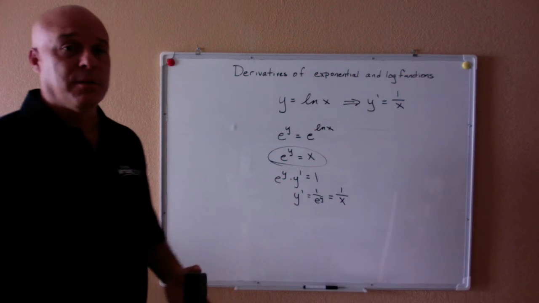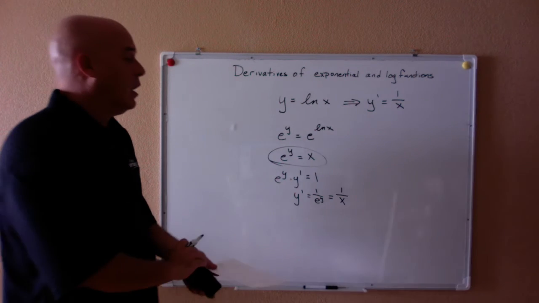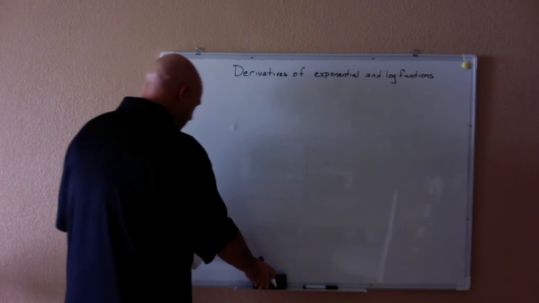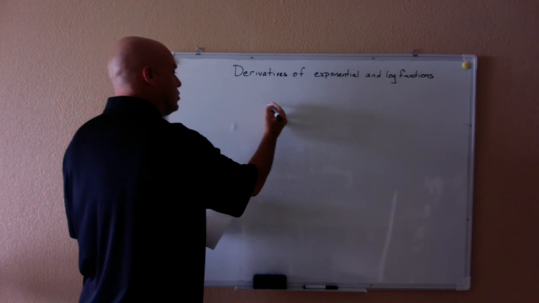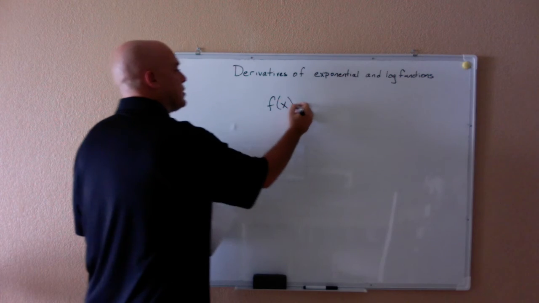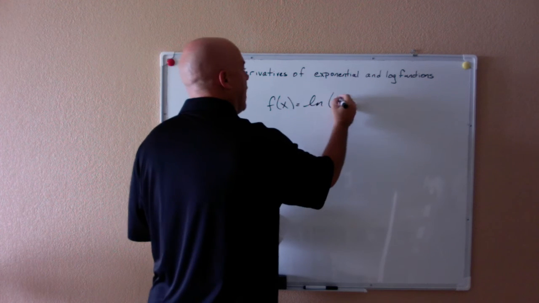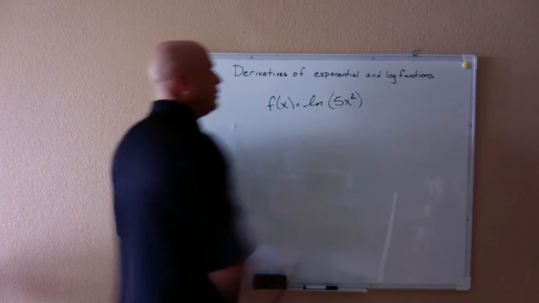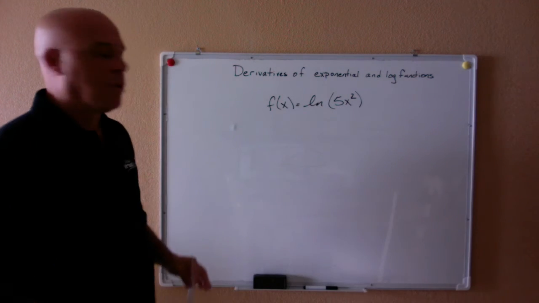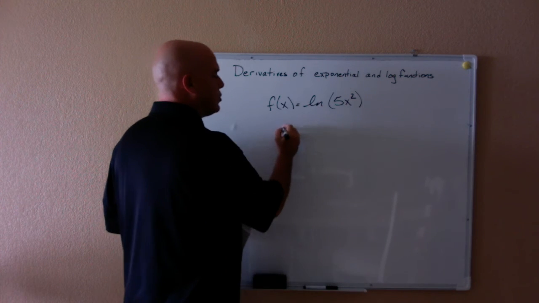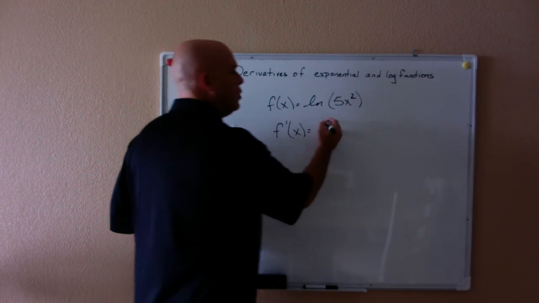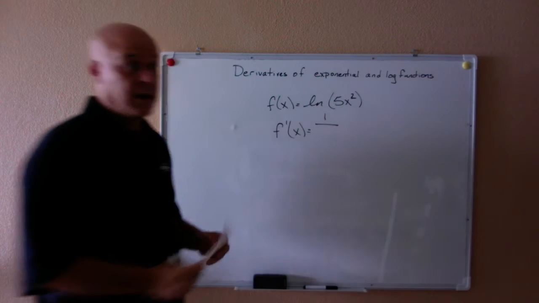Let's actually put this into practice a little bit and see if we can find a couple of derivatives for this as well. So let's say that we've got f of x equals the natural log of 5x squared. Okay? So if we're taking the natural log of 5x squared, using our properties for the derivative of a natural log function, the derivative of this, or f prime of x, is going to be equal to 1 over, again, we're going to have to apply the chain rule here.